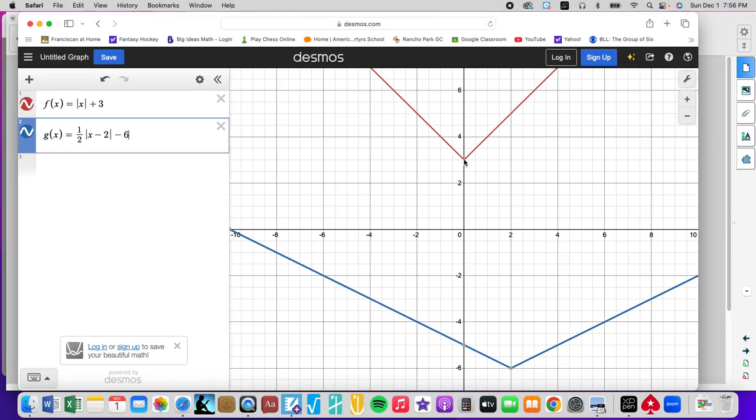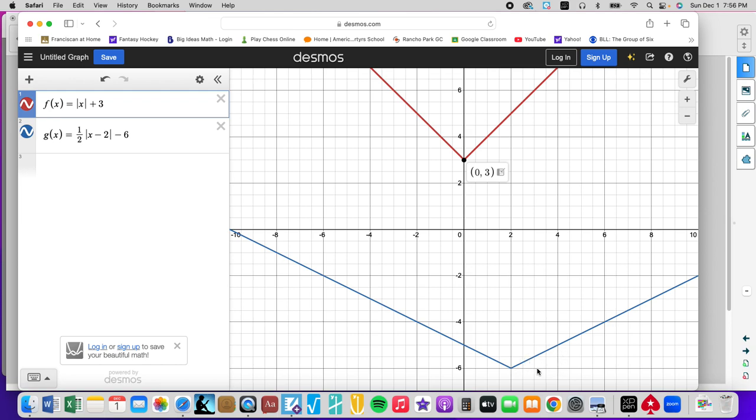So if we went from one point right here to this, so that's right 1, up 1. So if we go over 1, how many do we, oh, we only go over 1/2. So it's going to get wider. So it stretches vertically.